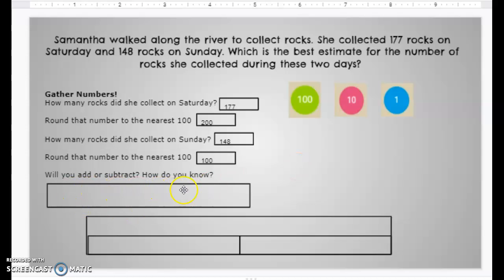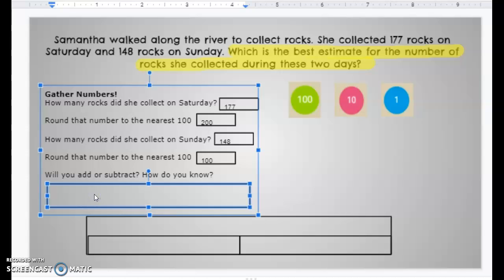Will you add or subtract? How do you know? Well, what's the question asking us to do? Which is the best estimate for the number of rocks she collected during these 2 days? I know I have 2 days. And I want to know the number of rocks she got on those 2 days. What am I going to do? You're going to add them together.